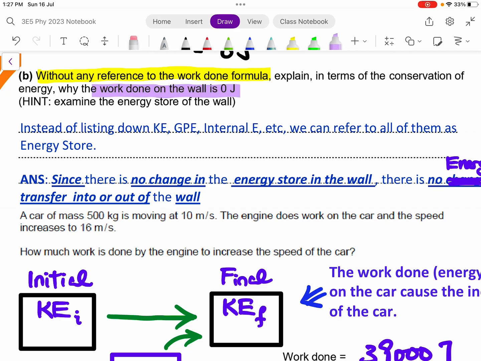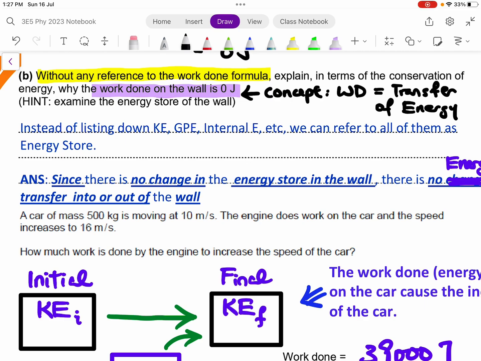Here what I'm trying to check is whether you have the concept that work done is basically the transfer of energy from one body to another. So in order to prove that there is no transfer of energy from the man to the wall, you simply need to show that the wall doesn't gain any energy.